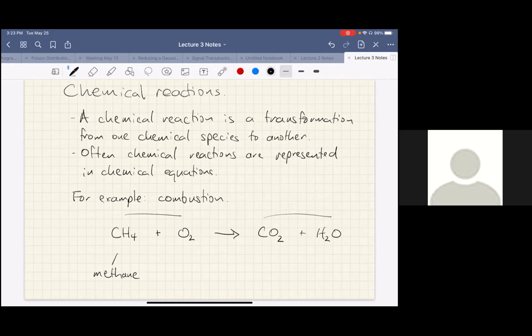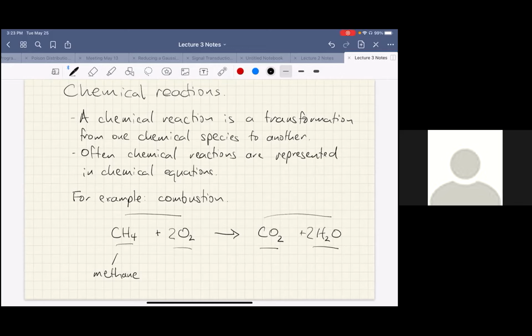I won't go through exactly what is going on here. I'll only verify, but it turns out to make this balance, one molecule of methane plus 2 molecules of oxygen will produce 1 molecule of carbon dioxide and 2 molecules of water. And it's pretty easy to see how this works.